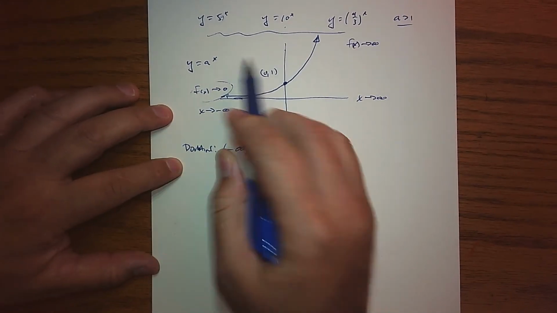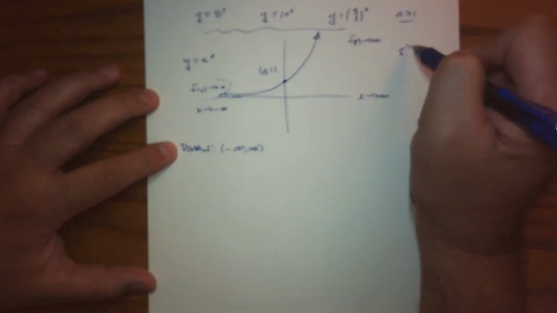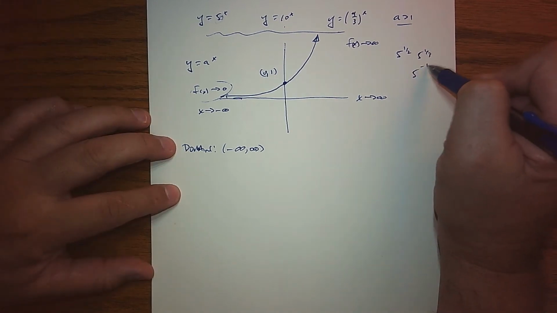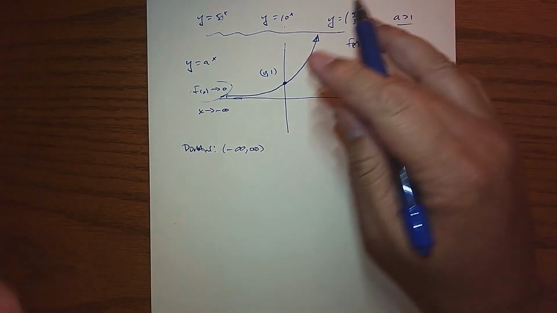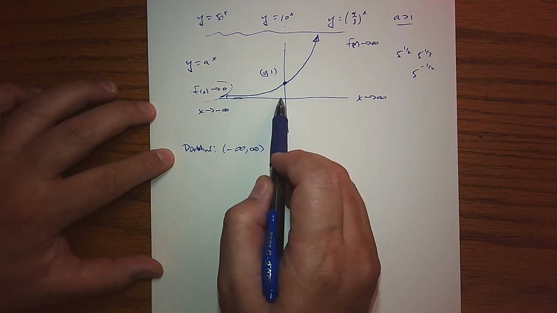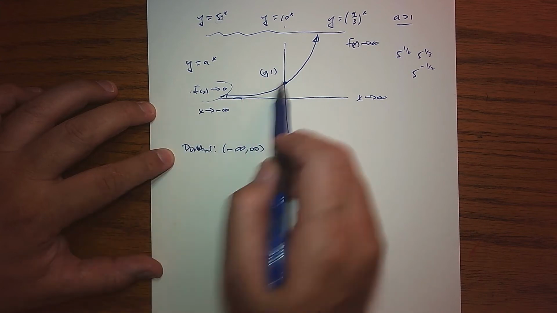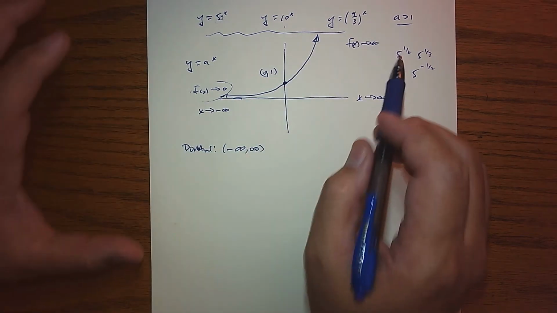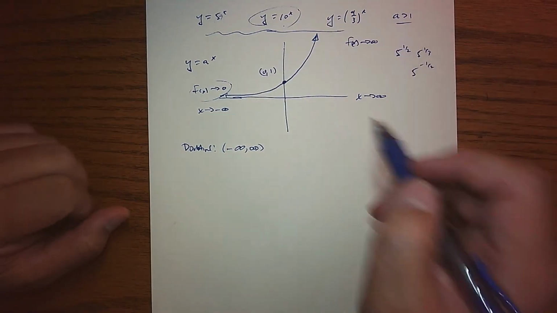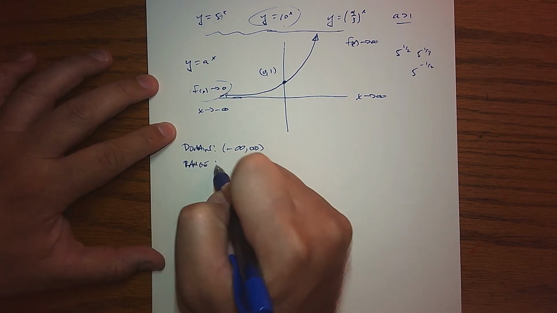I know I'm using some nice neat integers, but we can consider 5 to the 1/2 power, 5 to the 1/3 power, 5 to the negative 1/2 power, right? So we can do any kind of power, and just looking at the graph, it's always defined from 0 to positive infinity and from 0 to negative infinity. I can tell you where the graph is going to go, and I can evaluate it relatively easily. So the domain's everything.